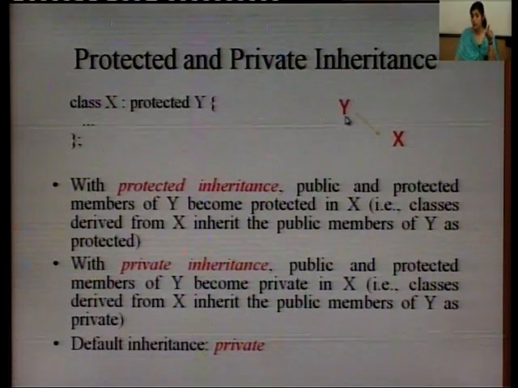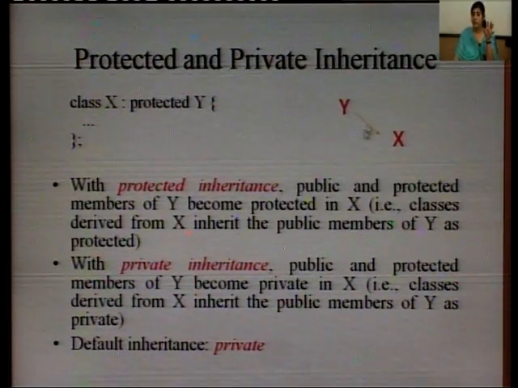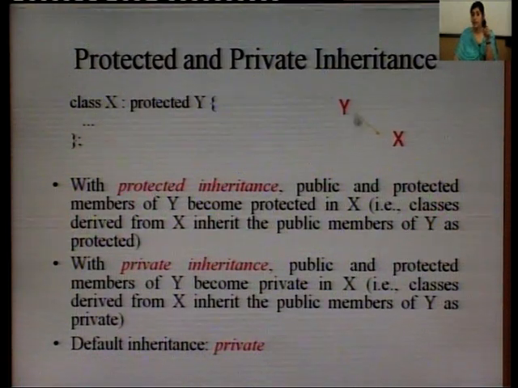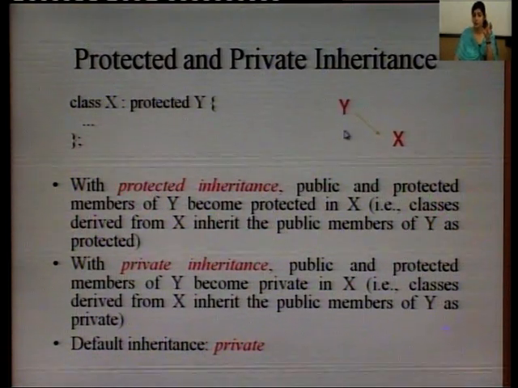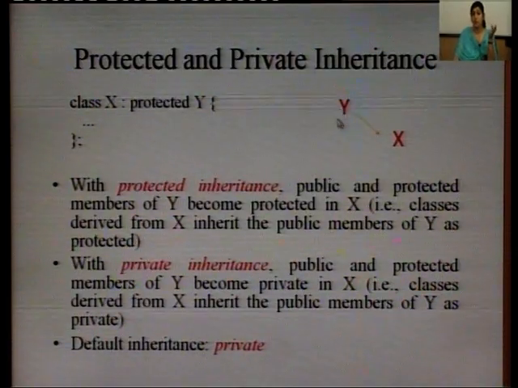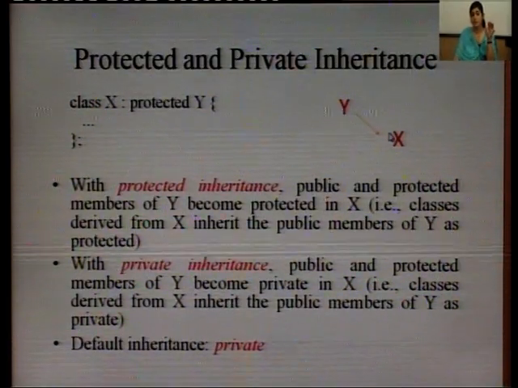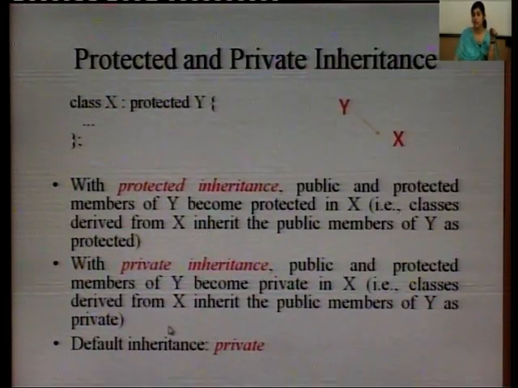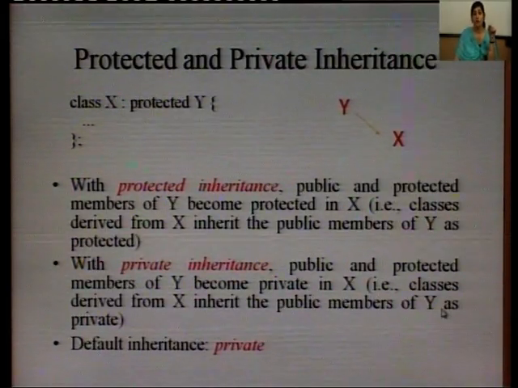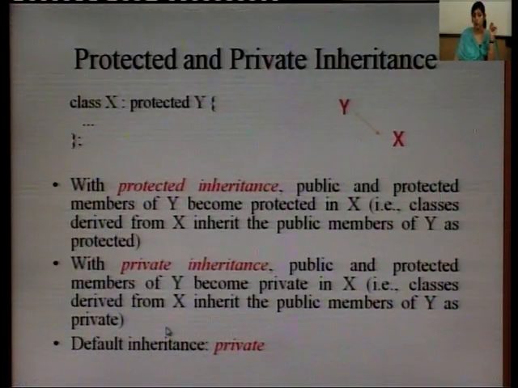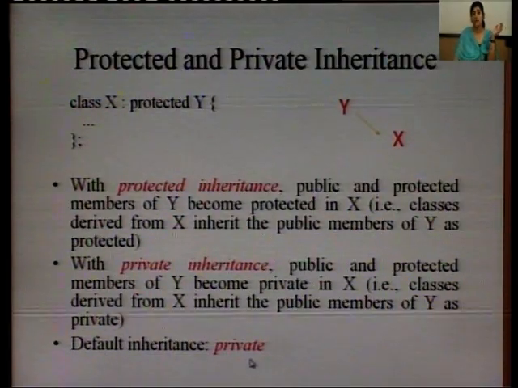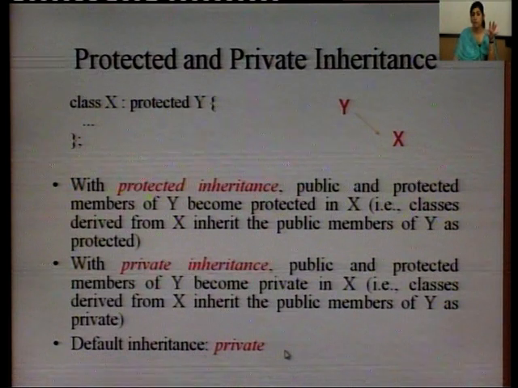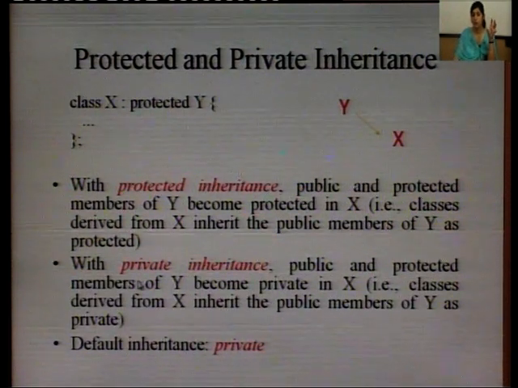If we are using the protected word here, then all the data present in Y will be protected in X, and if we are using the private word, then all the data present in Y, that is public or protected, will become private in X. I repeat, public and protected members of Y become private in X. That is, classes derived from X inherit the public members of Y as private only. Clear? The default inheritance, whenever you don't specify anything, is private. Clear? Means what is protected and what is private.